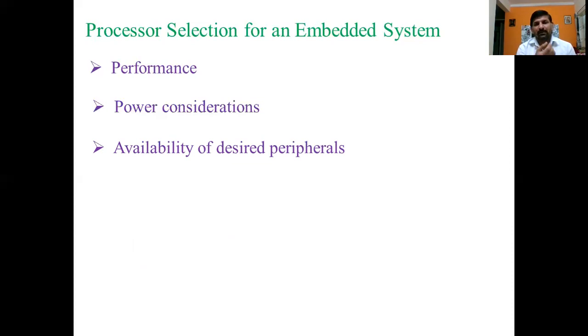It contains on-chip DMA or not, on-chip analog to digital converter or not, on-chip real-time clock availability or not, on-chip watchdog timer is there or not, on-chip reset circuit is available or not, or on-chip debugging tools like JTAG, serial wire debug, like that. We can check whether the processor has the on-chip desired peripherals or not.